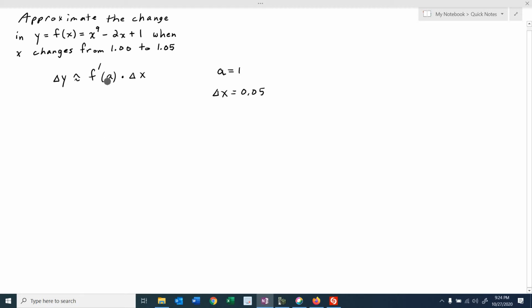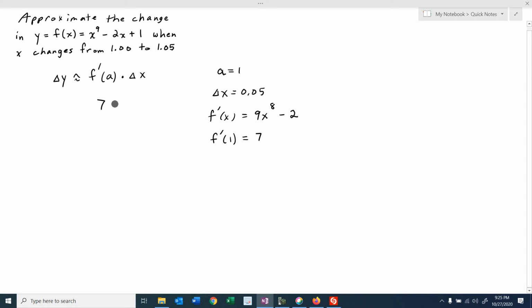Okay, and now we need f prime, then we're going to evaluate that at a. So f prime of x, just the derivative of this function, would be 9x to the 8th minus 2. And then we're going to evaluate that at a, at 1, because a is 1 here. And when you plug that in, you get 9 minus 2, which is 7. Okay, so that's the slope of the tangent line to this function right at a equals 1.